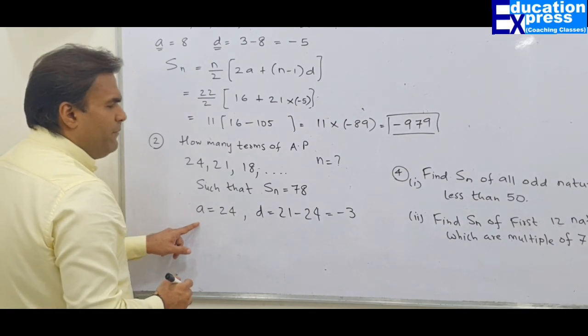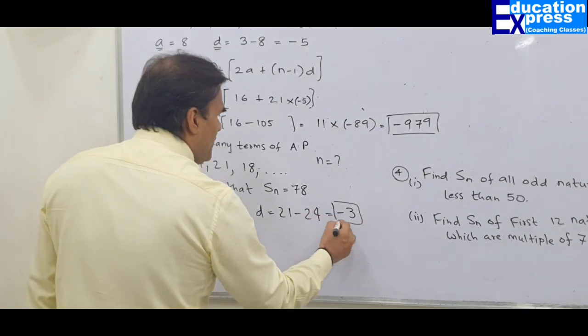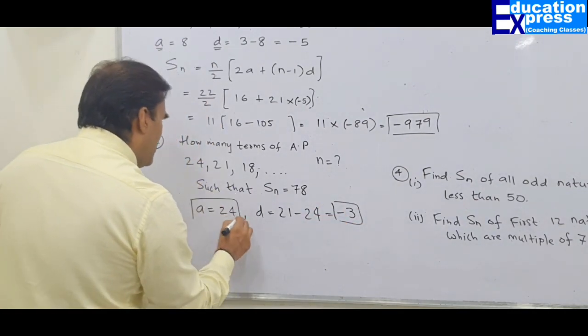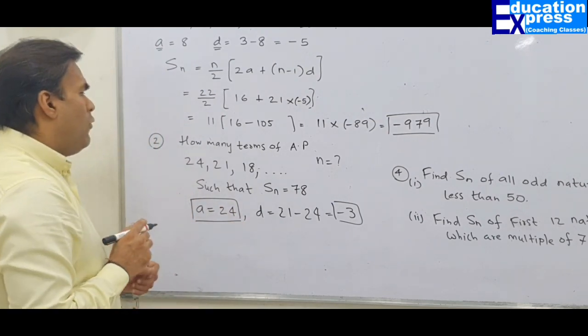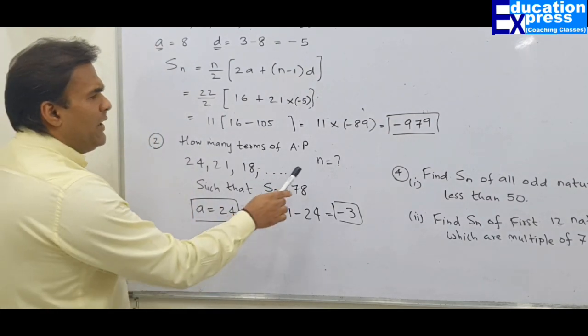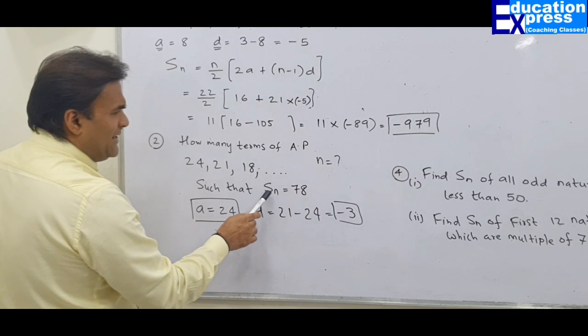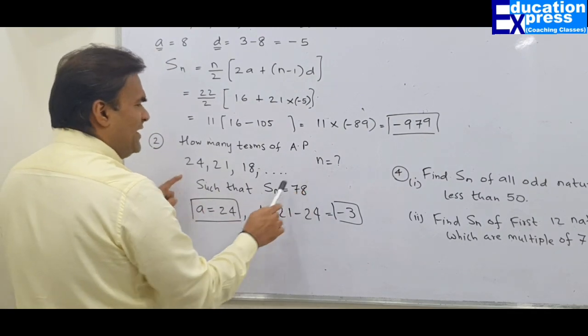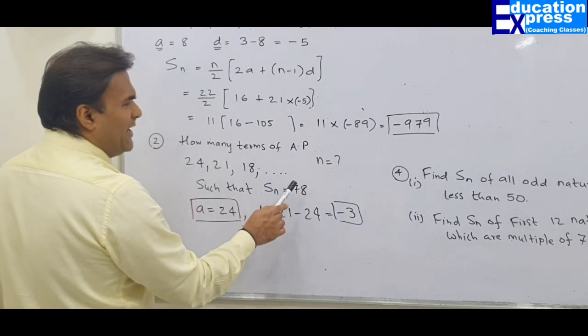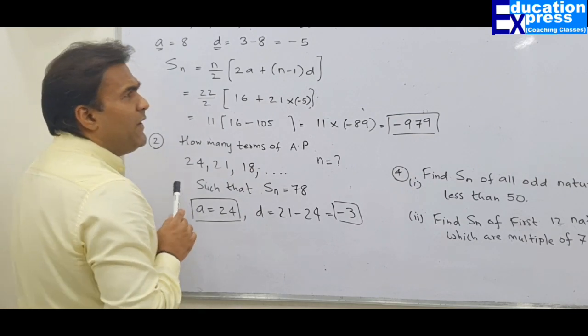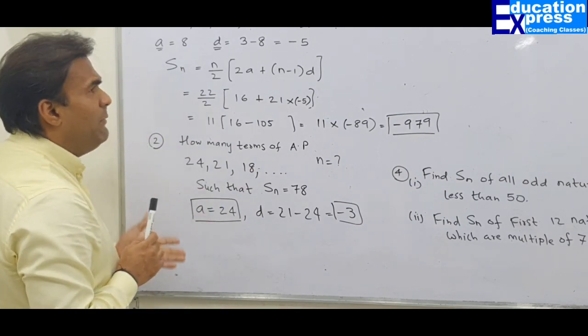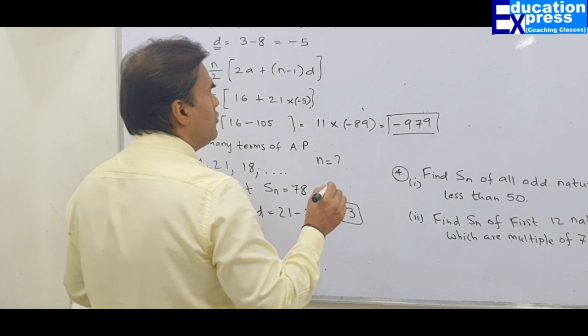A is available. D is also available. Correct? Yes, sir. What do they want? They want to find n, given that Sn, the sum of the entire series, is 78. So can we find it? Of course, yes, sir. We will place the formula and do the question.